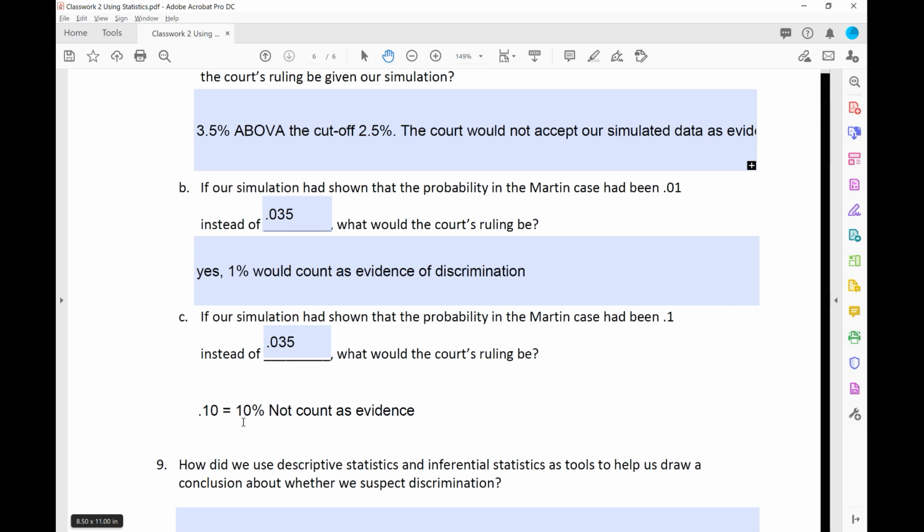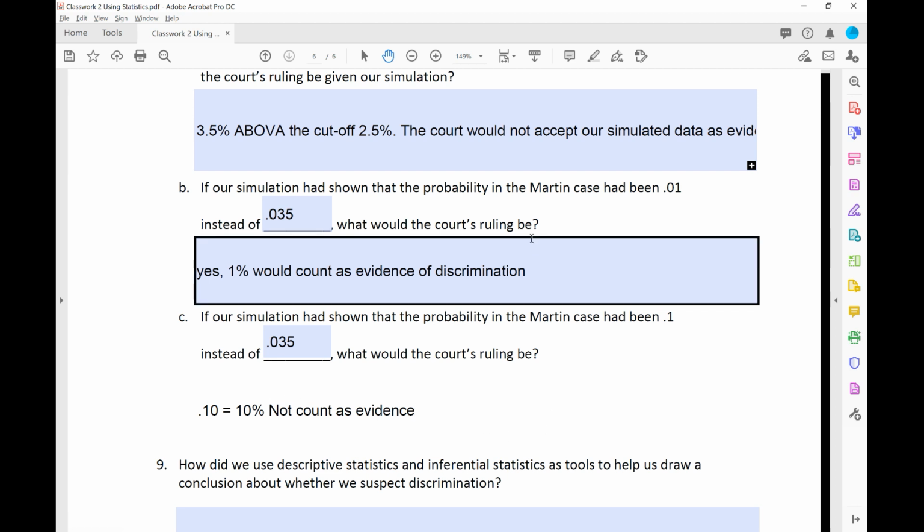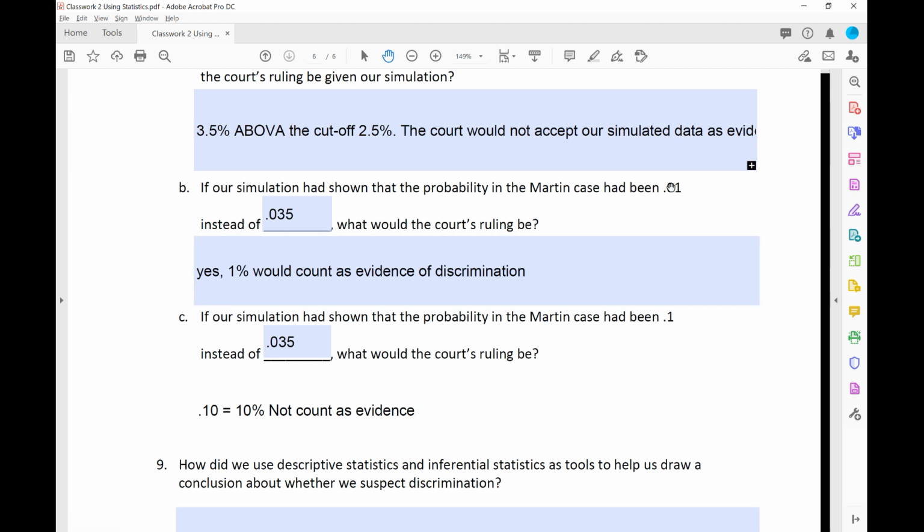Okay. So take a look at B and C, and we can see the importance of decimal places and zeros. These are very important in this class. So 0.01 and 0.1, they look very similar, right? And in lots of situations, those numbers are very close.